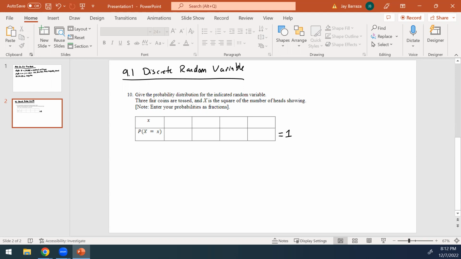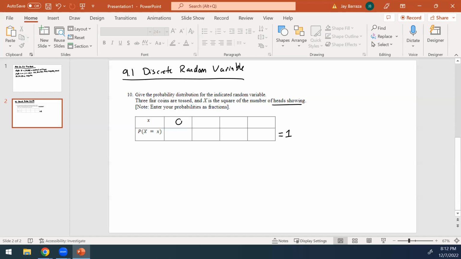So in the context of this problem, you're flipping 3 coins, right? And X is the number of heads. So how many heads do I flip? My question to you, rhetorically, is it possible to flip -5 heads? Does that even make sense in the context of this? No. So -5 is not an option. Now, if I'm flipping 3 coins, is it possible for me to flip no heads? Yeah.